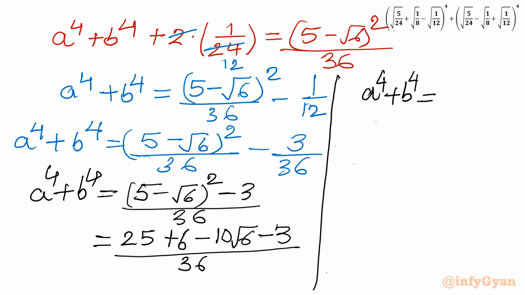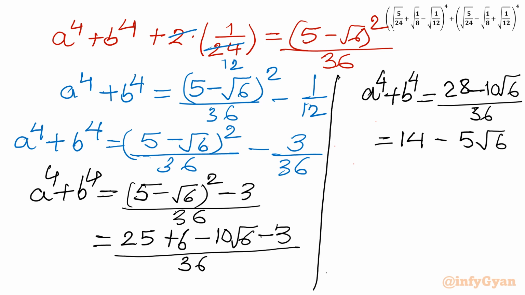This value will be equal to 28 minus 10 root 6 divided by 36. Numbers are even in the numerator and denominator, so I will divide by 2. 14 minus 5 root 6 over 18. This is our required expression value.